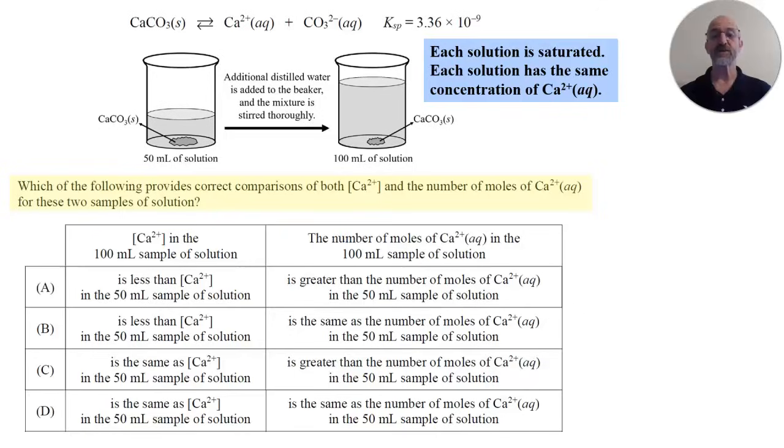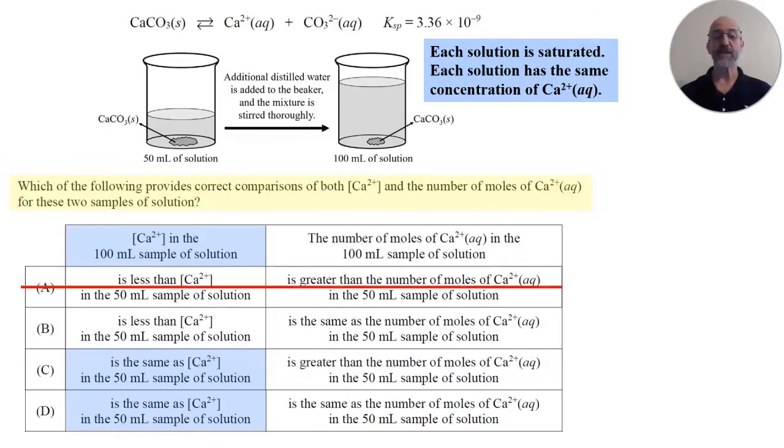But each solution is saturated, so each solution has the same concentration of calcium ions. And so that means that the correct answer to question 6 is either choice C or D. So not less than, but the same as is the correct comparison for the concentration of the calcium ion.